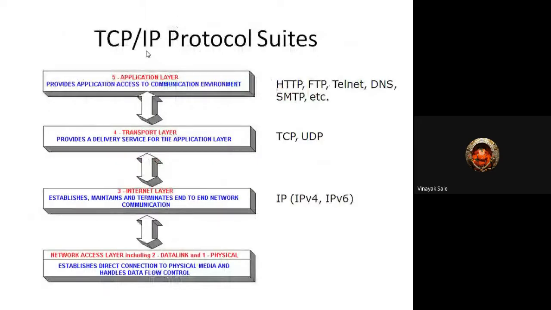This is a diagram, or there are 4 layers of TCP IP protocol suite. Okay. At different layers, different protocols are used for transferring packets. Okay.